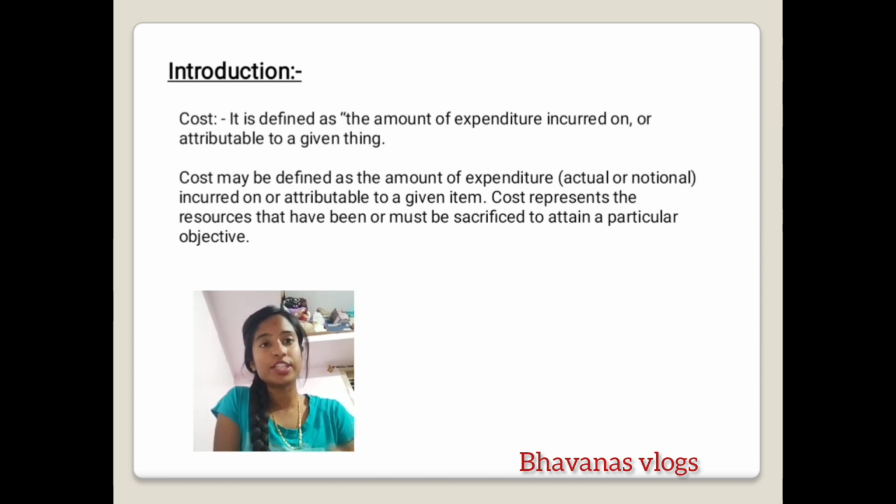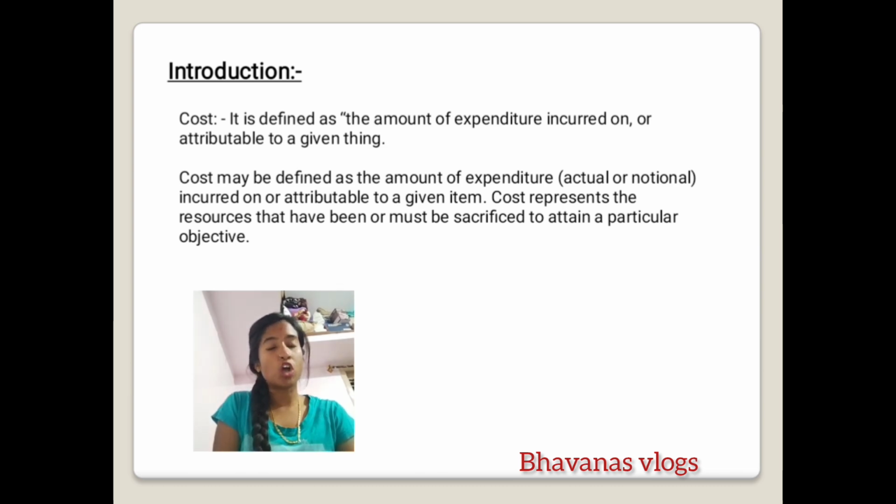Cost may be defined as the amount of expenditure, actual or notional, incurred on a given item. And cost represents the resources that have been or must be sacrificed to attain a particular objective.